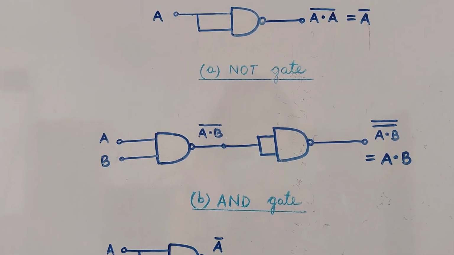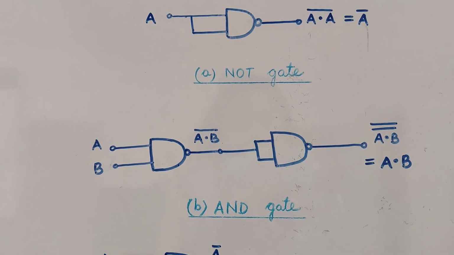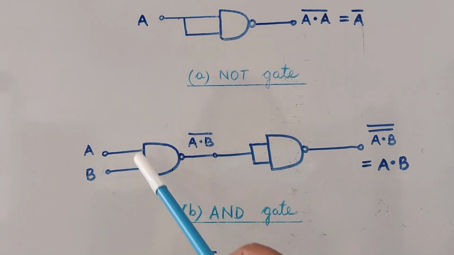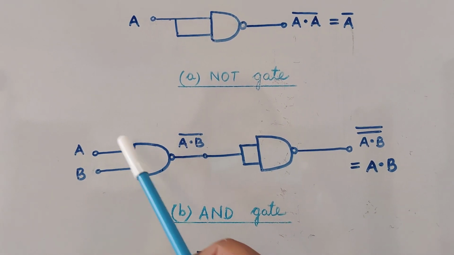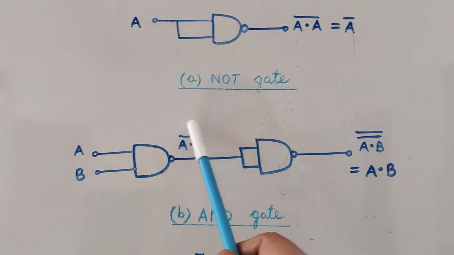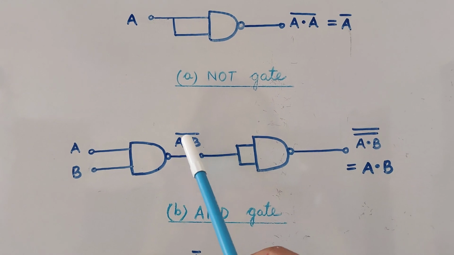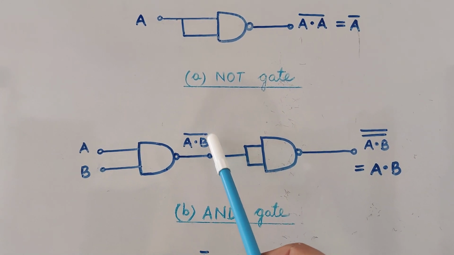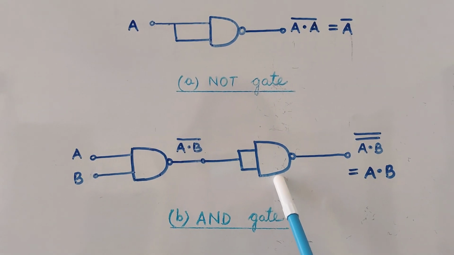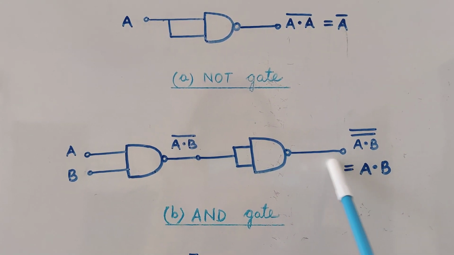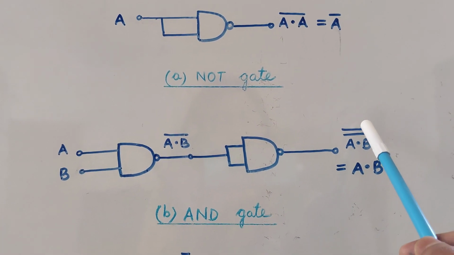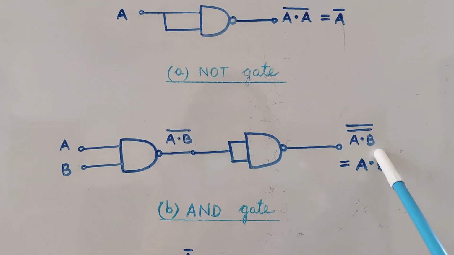Now let us implement an AND gate with the help of NAND gates. As you can see in figure B, we have taken one NAND gate to which we have given two inputs A and B. So the output obtained here will be the complement of A dot B. Now when we give this output to the input of a second NAND gate, we get the output as the double complement of A dot B, and we know that the double complement means the variable itself.